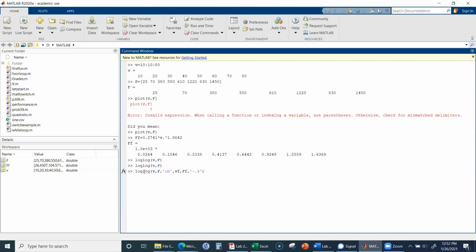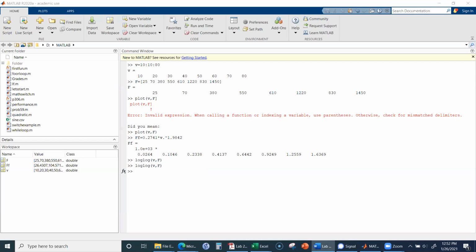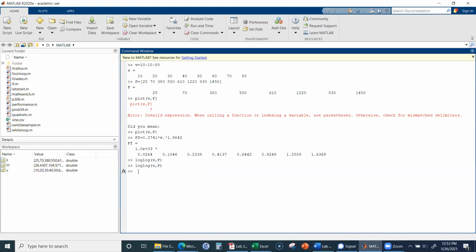First of all, we have to calculate the VF as well. So VF is given by this. Okay. So VF is the velocity by the formula.